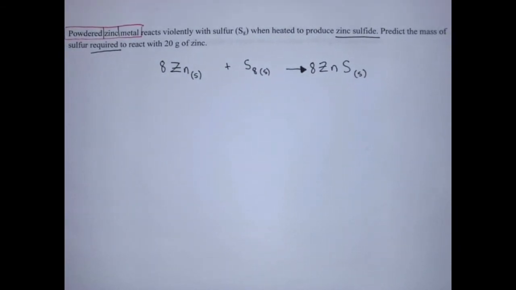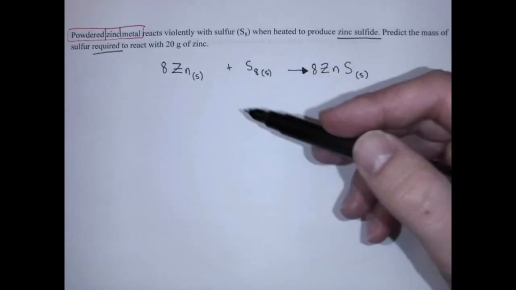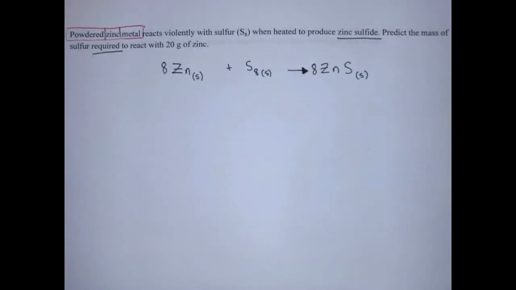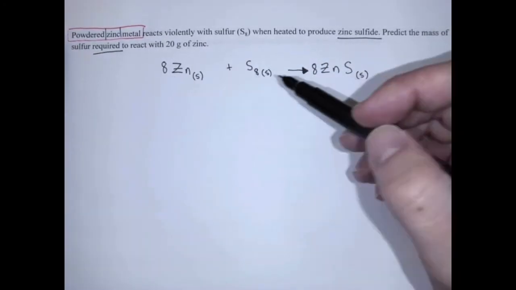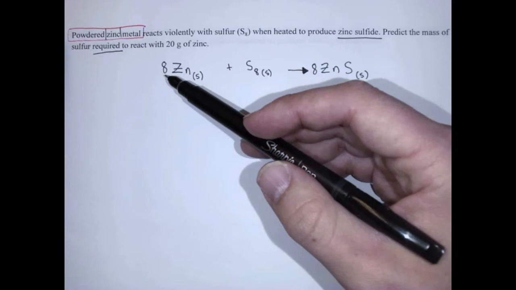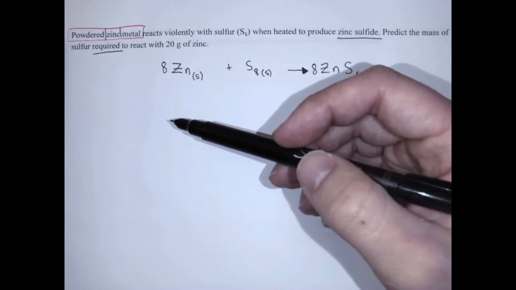atoms. Now, the nice thing with stoichiometry is that instead of talking about atoms or molecules, we can actually scale it up quite a bit, and we can recognize that these coefficients refer to moles also, because a mole is just a very large group of particles.